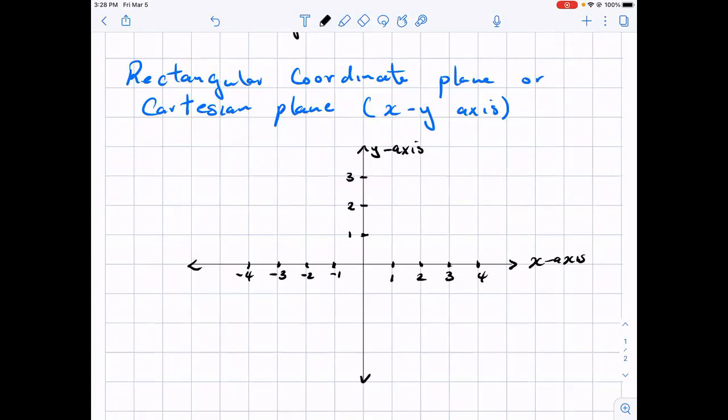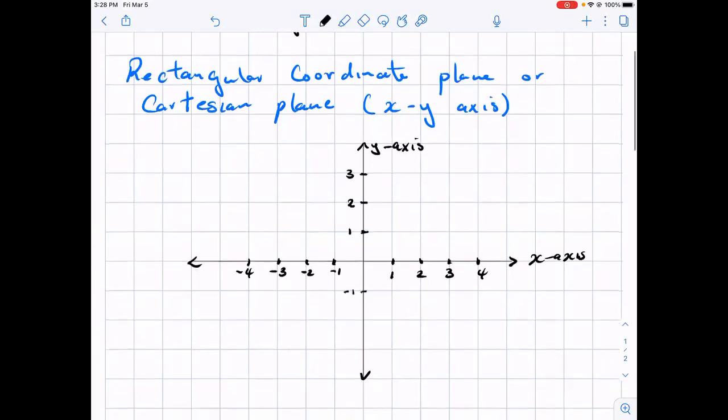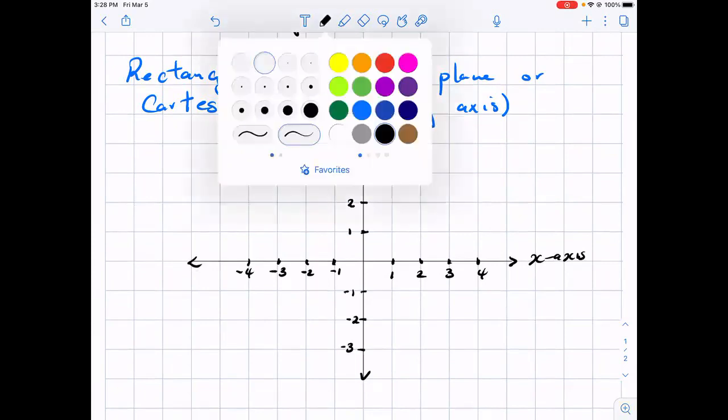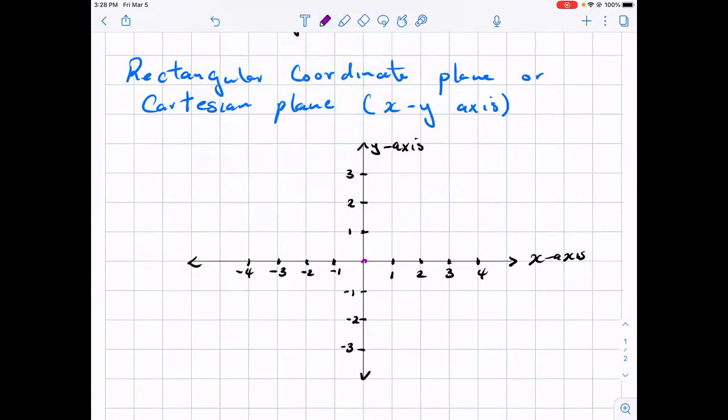The upper part is positive. And then we have negative numbers on the bottom. The middle of this is what we call the origin.